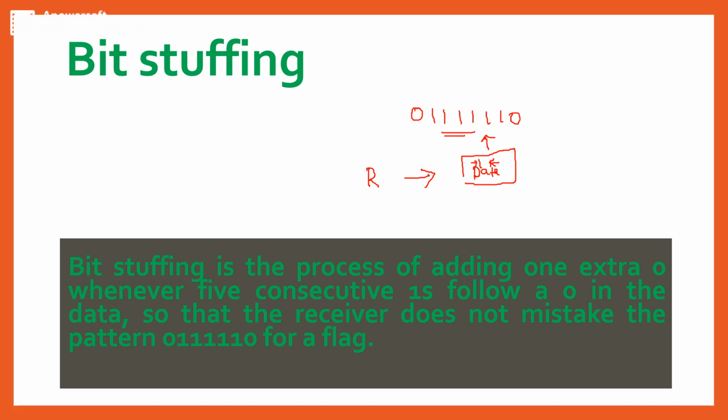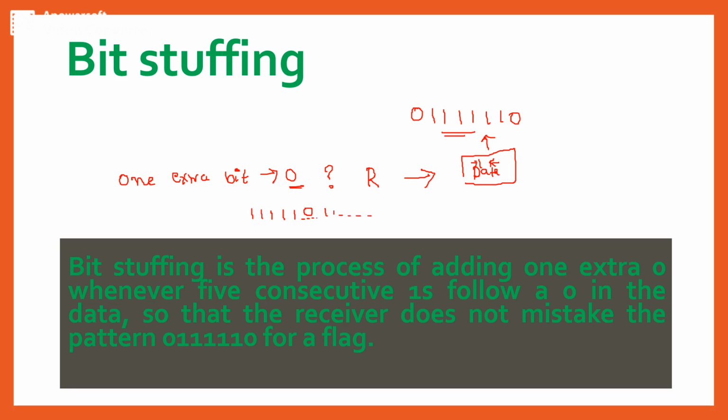In order to overcome this, we can make use of the concept called bit stuffing. In bit stuffing, we add one extra bit, and that bit is 0. When do we add this extra bit? If the information or data has 5 consecutive ones, we add one extra bit followed by the actual data.